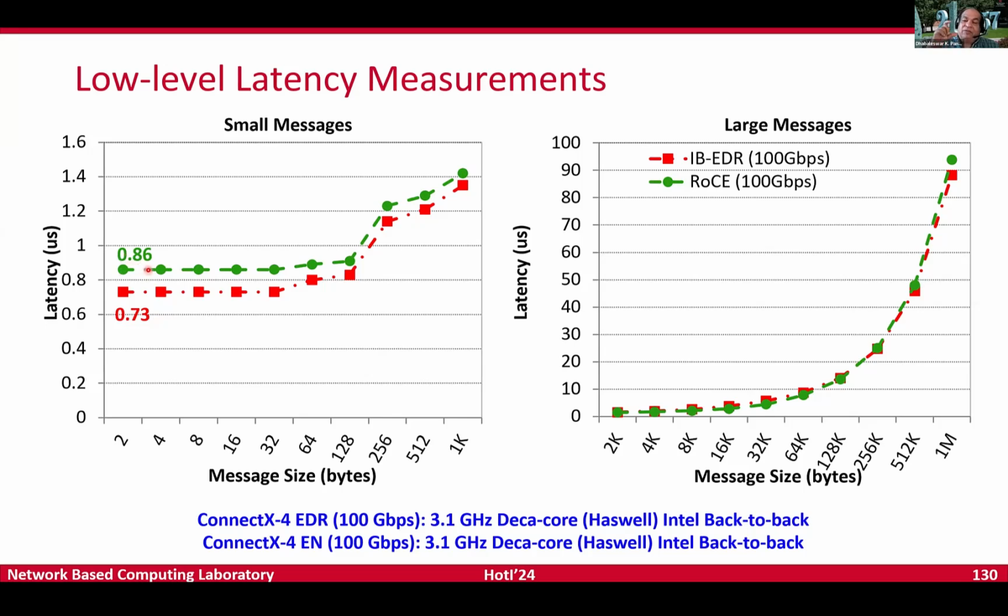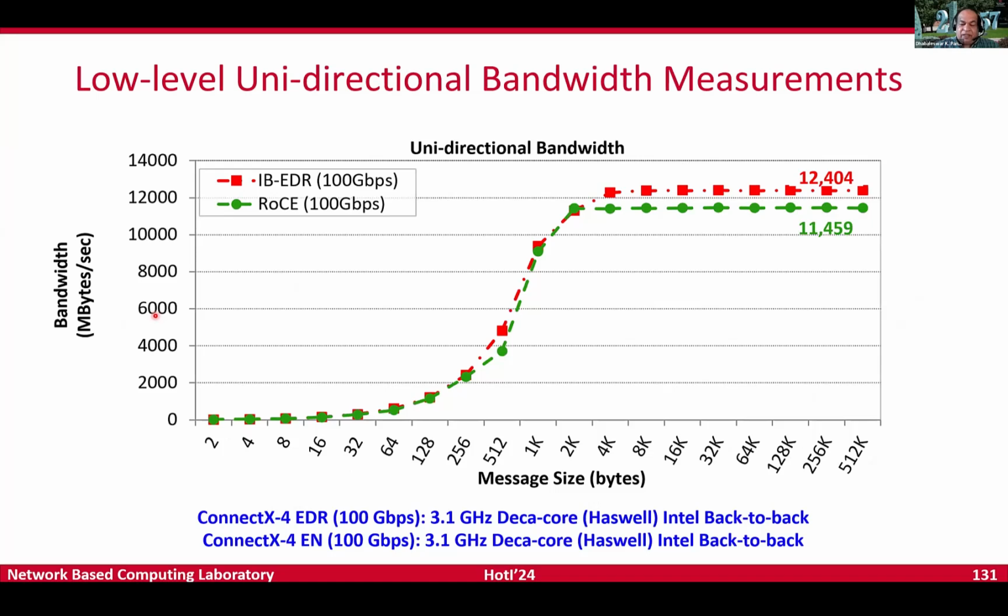RoCE has a little bit of overhead, around 130 nanoseconds on top of InfiniBand. If we take a look at the unidirectional bandwidth, they come very close. IB goes a little bit higher compared to RoCE, and that can also change based on the kind of switches you are connecting.